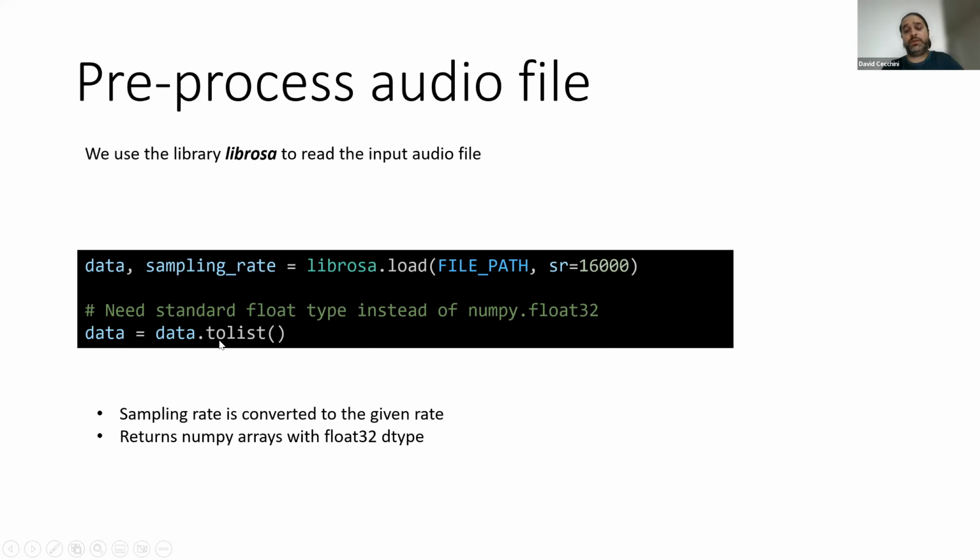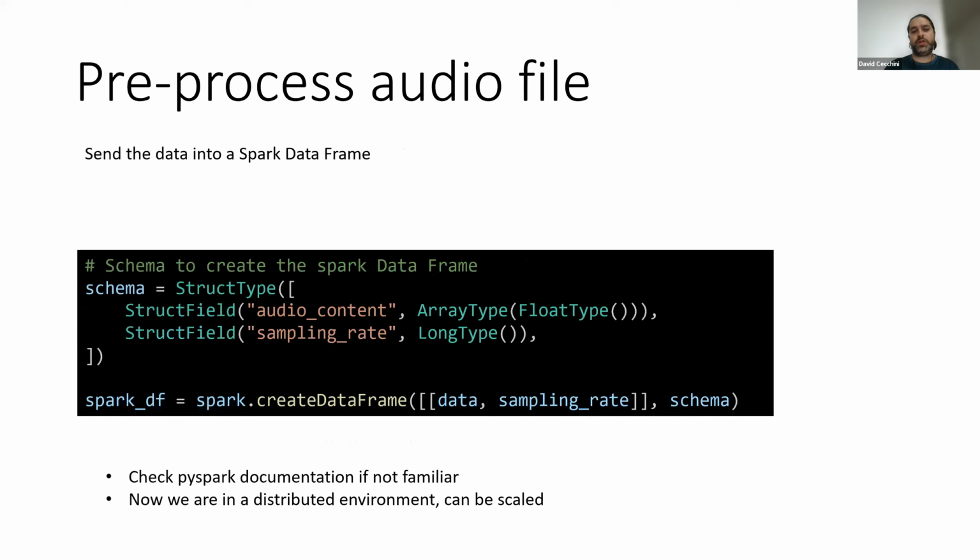And in Spark NLP, we are not supporting at this time NumPy float 32 number type, so we just send this NumPy array returned by librosa, and we just transform it to a standard Python list with float values. So then we create a PySpark data frame.